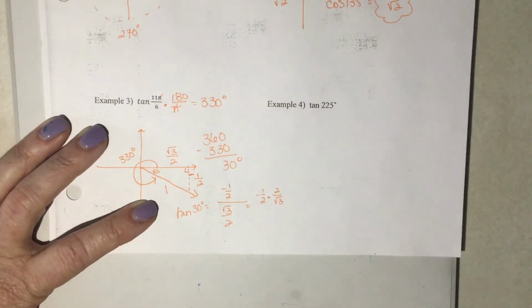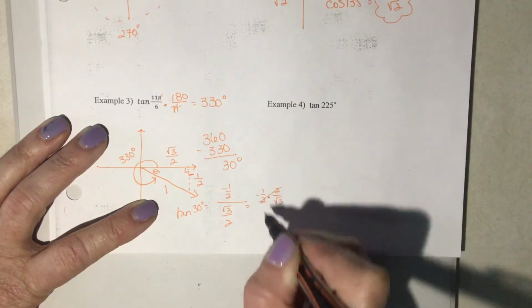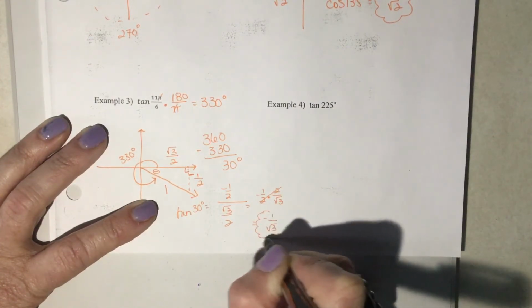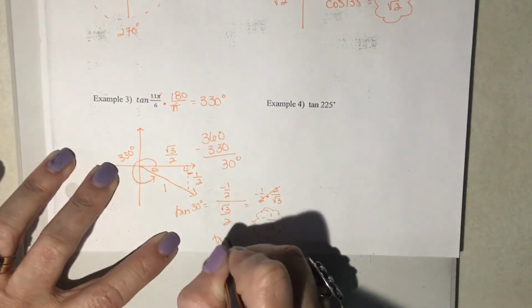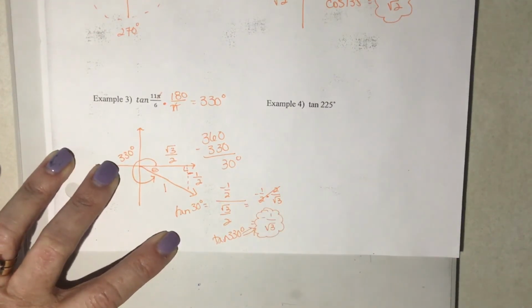And look at how simple this is. My 2's, what happened to my 2's? They cancel, so I'm just left with negative 1 over square root of 3. So then my tangent of 330 degrees is negative 1 over square root of 3.